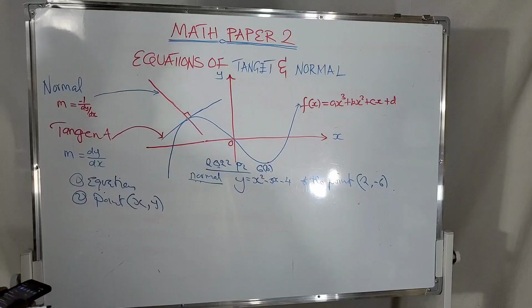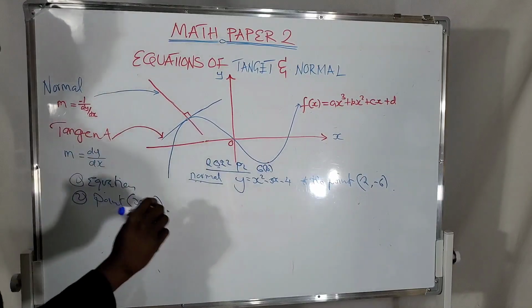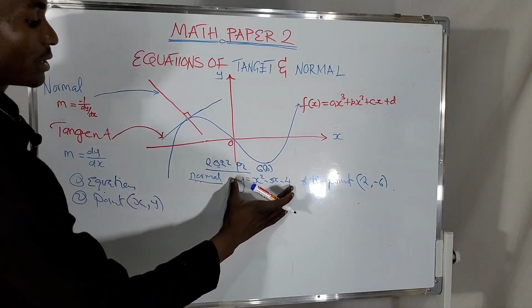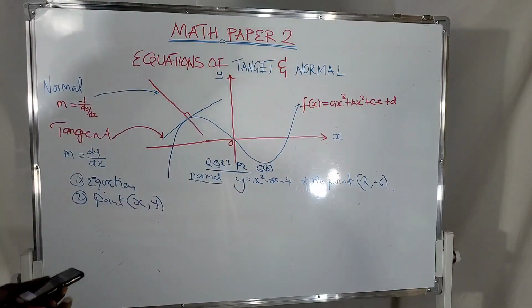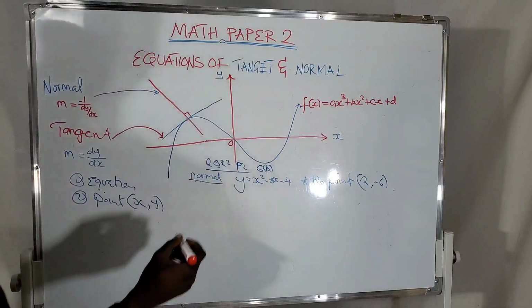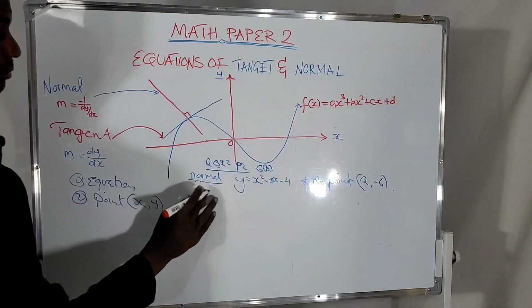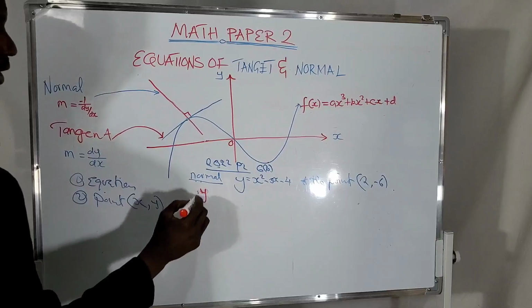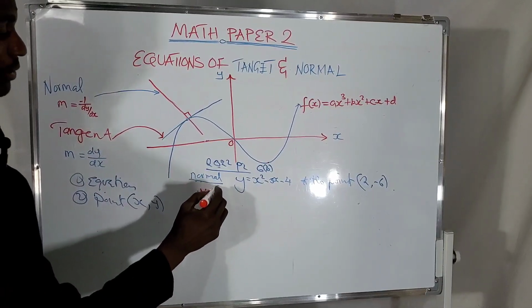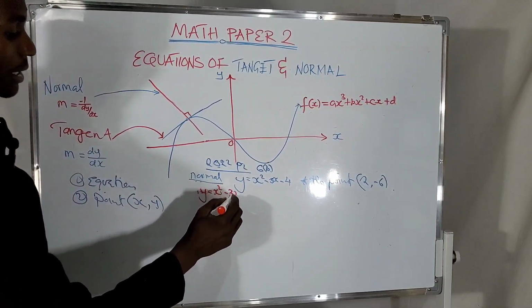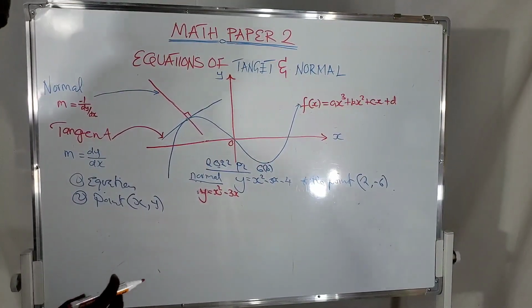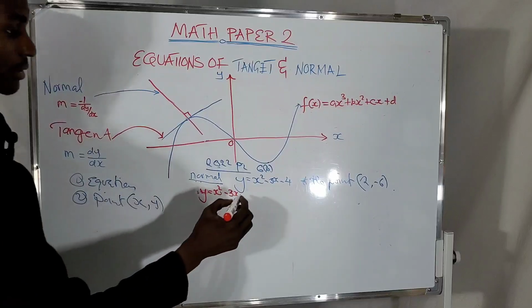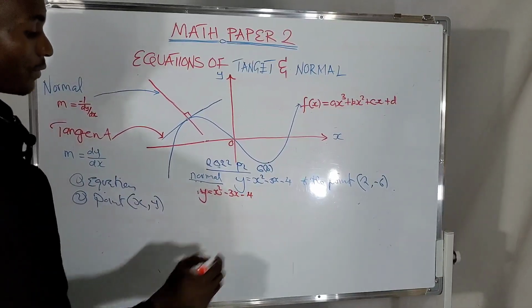What you do is find dy/dx of this function. Let's write the function: y equals x squared minus 3x minus 4.